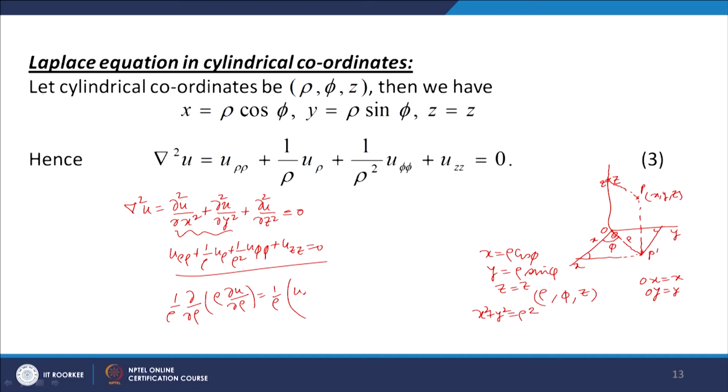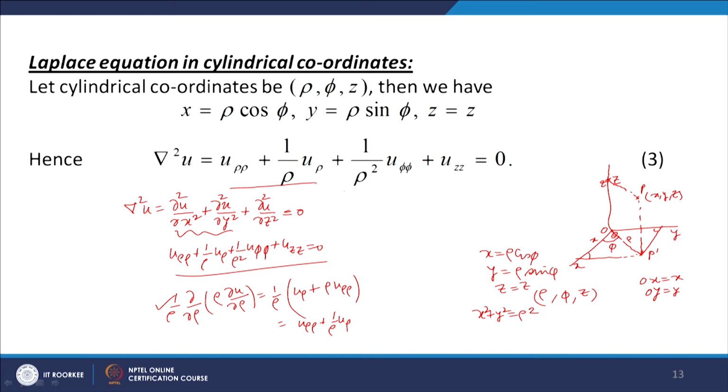So we get u_rho rho plus 1 by rho u_rho. This part of the Laplace equation in cylindrical polar coordinates can also be expressed as 1 by rho del over del rho of (rho u_rho).